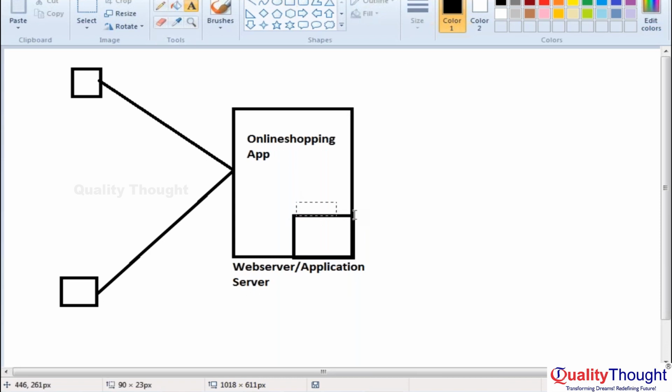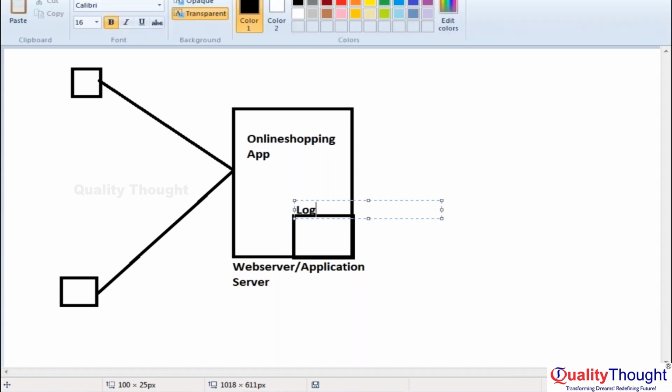They write logs like transaction started, browsing a particular item, browsing electronic goods, browsing mobiles, cart selected, purchased items. Like that, for every transaction they are writing logs.